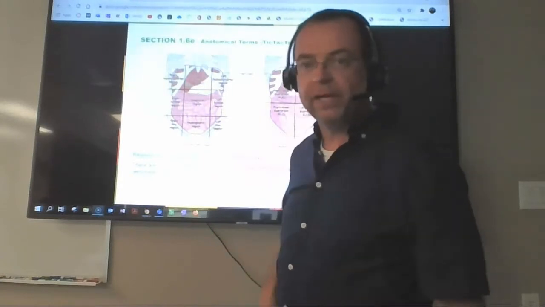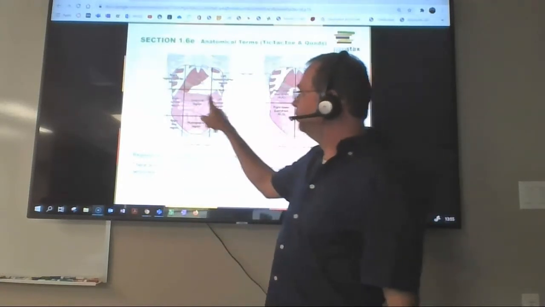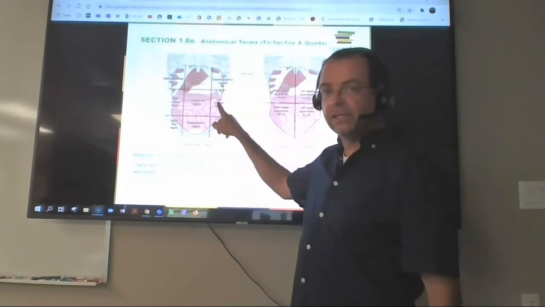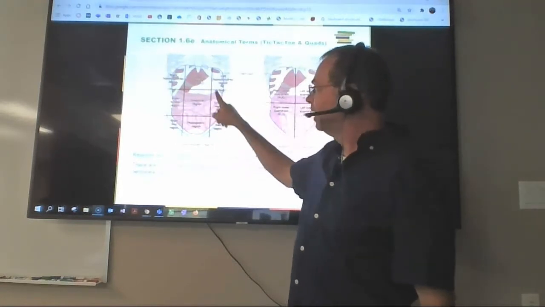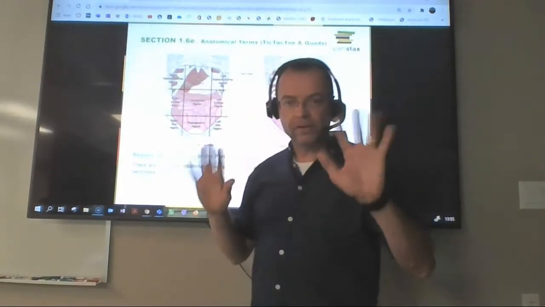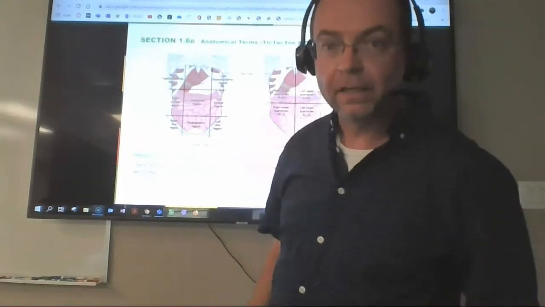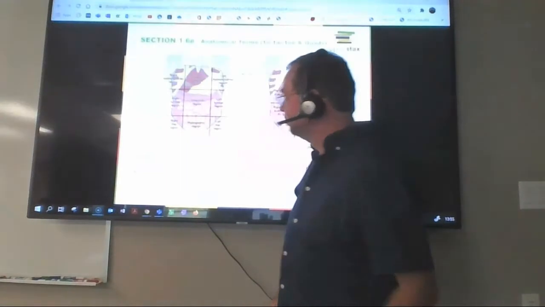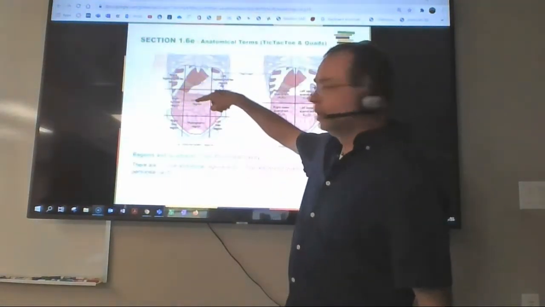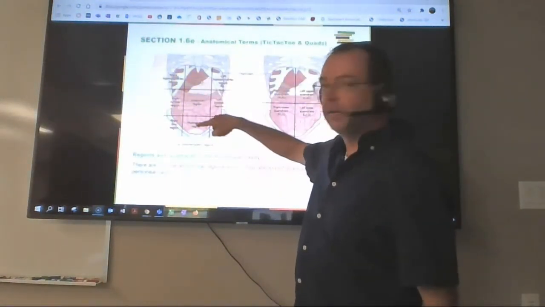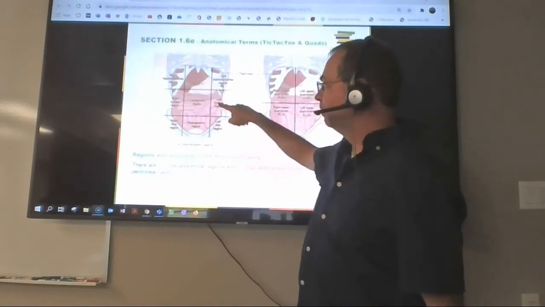That is an easy way to remember these two abdominopelvic regions here, right lumbar and left lumbar. No, they don't have to do with your lower back, but they're at the same level as your lower back, okay? So, umbilical, epigastric, hypogastric, right lumbar, left lumbar.